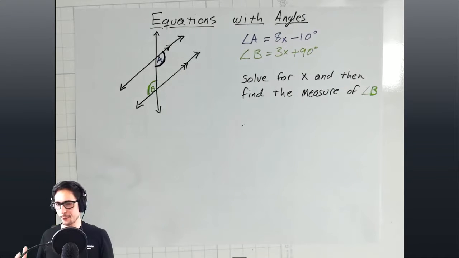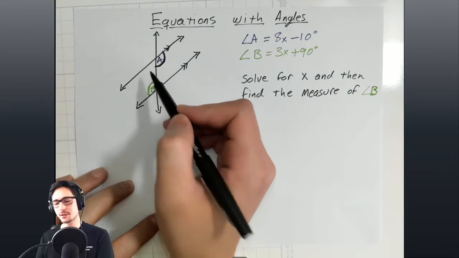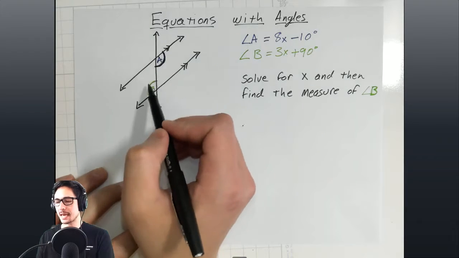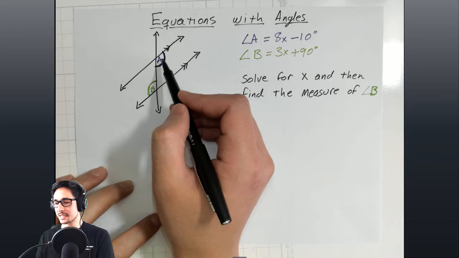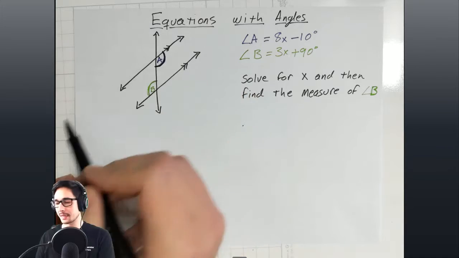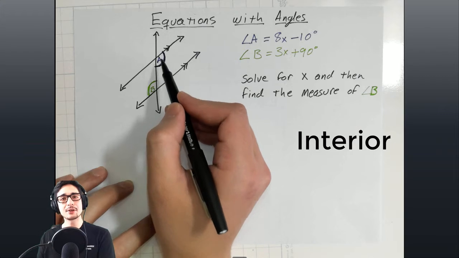Let's take a look at our picture first, because you might have questions like, I don't know where to start on this. Your biggest hint actually comes from your picture. Both of these angles, A and B, are on the inside of these two parallel lines, and what we call those are interior angles.